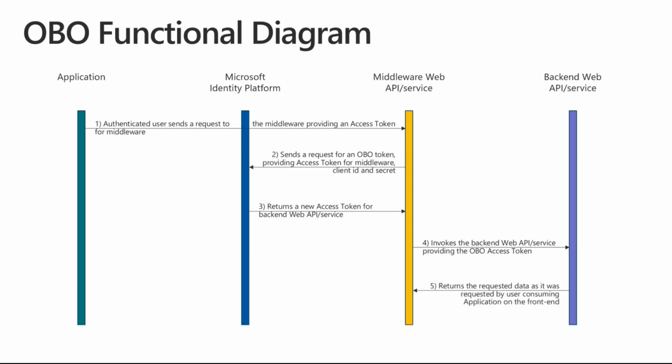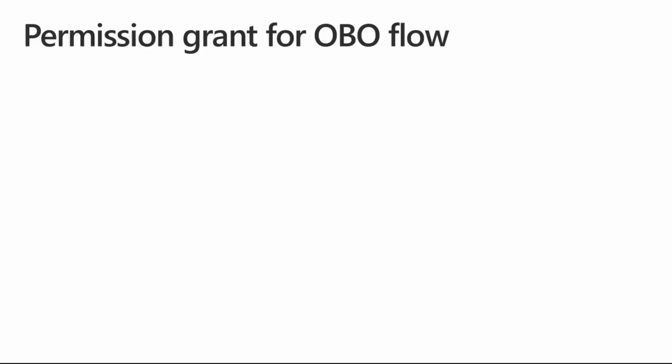And as such, the backend API will be able to provide a result back to the middleware as if it was the user in the front end making that request. We can leverage the delegated model and get access to information like the mailbox and the personal data of the user. We can send messages on behalf of the user and stuff like that. That's the basic idea of the on-behalf flow.